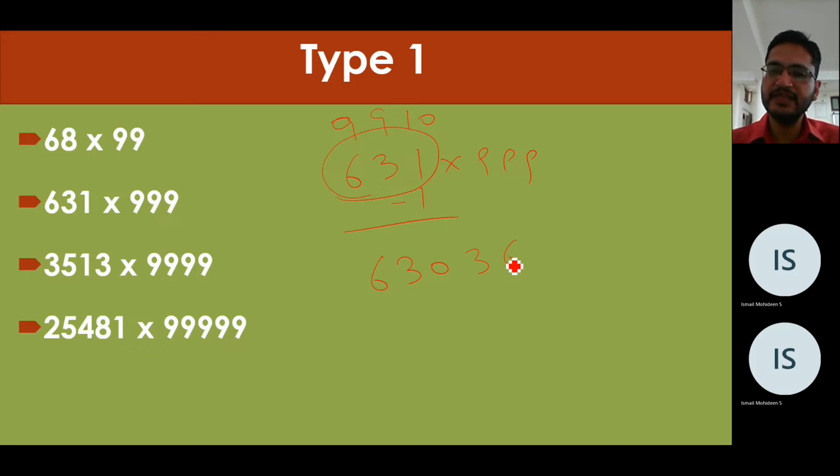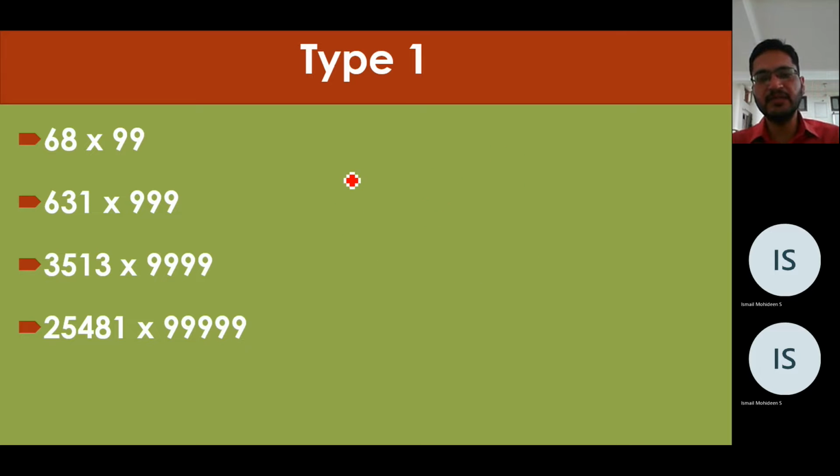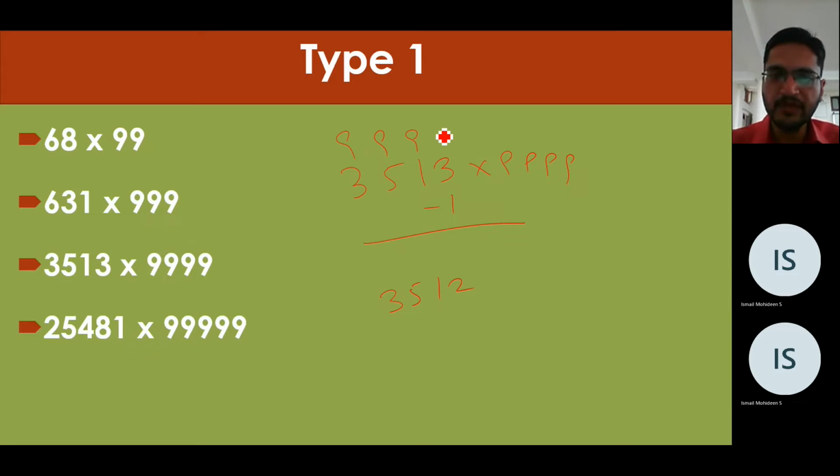It will be 369. Next example, 3513 with 4 nines. First of all, I will subtract 1, 3512. Now its complement, complement of 3513, all from 9, last from 10, 6487. So answer is 3512, 6487.